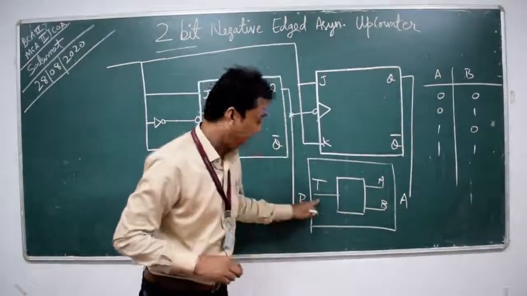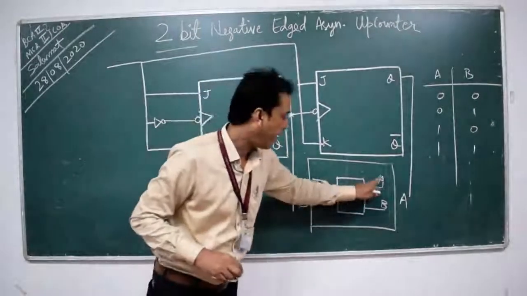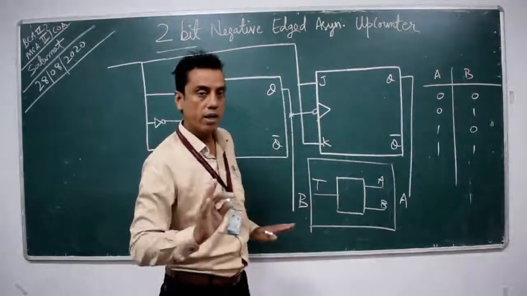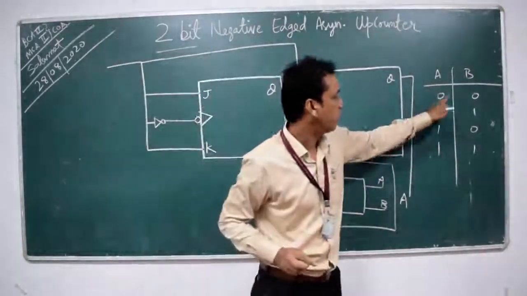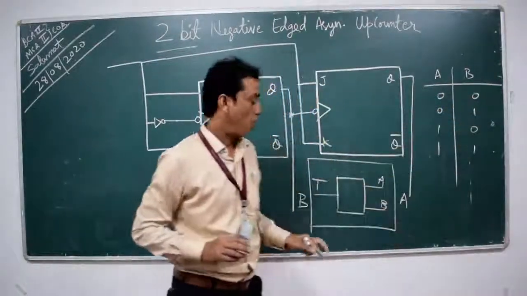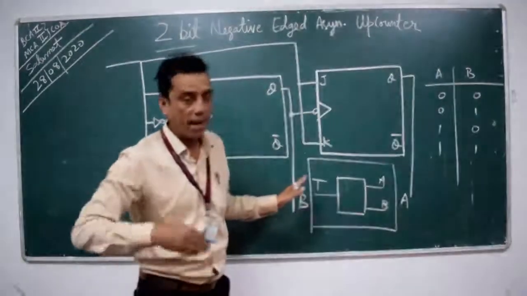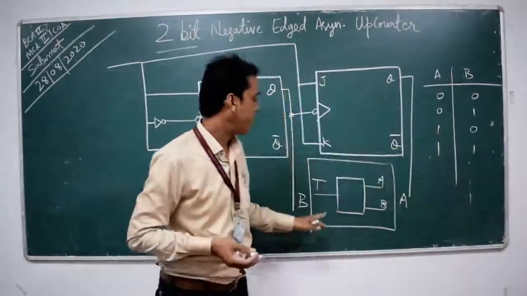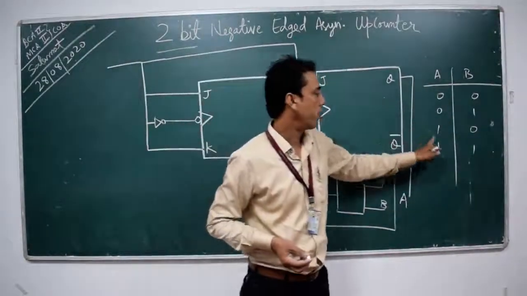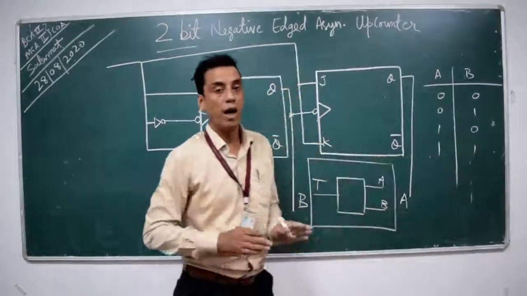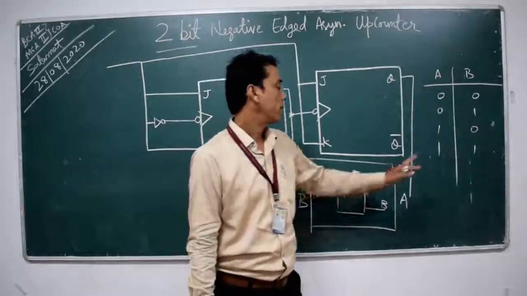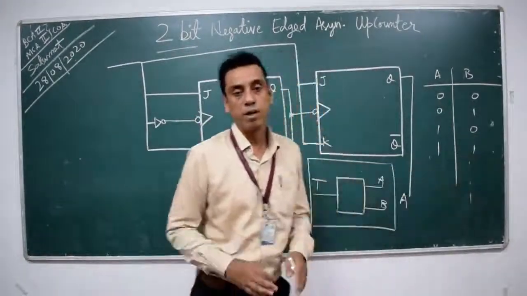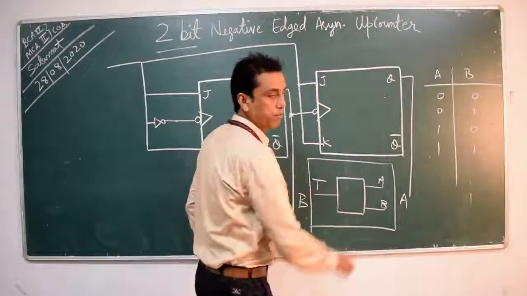When you trigger the counter, A and B are going to produce 0 and 0. When you trigger it again, it will produce 0, 1. Trigger it again, it will produce 1, 0. And again, it will produce 1, 1. Now look at this truth table.